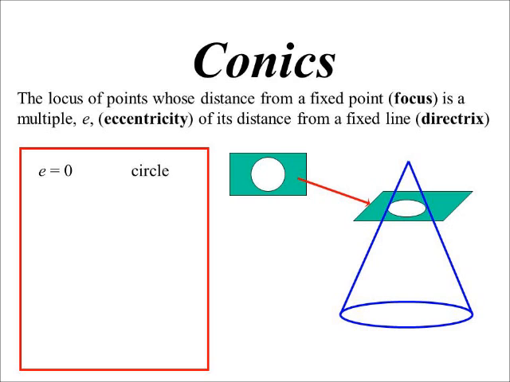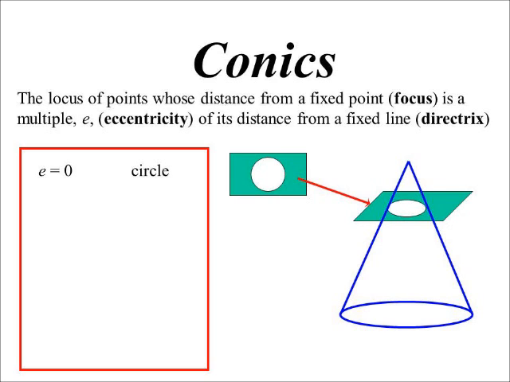So what actually is this eccentricity? The slant edge of the cone will have a particular slope. Different cones will have different slopes, obviously. But if you imagine that the slope is, we'll just call it m for slope, that's what we usually call it.